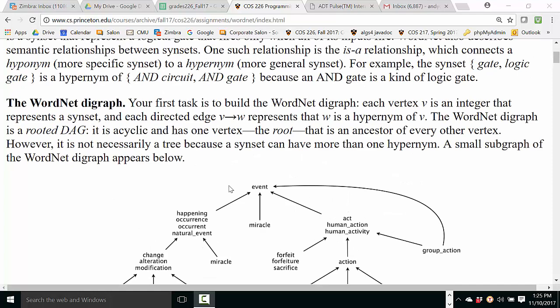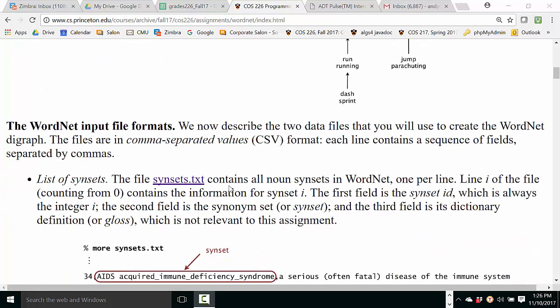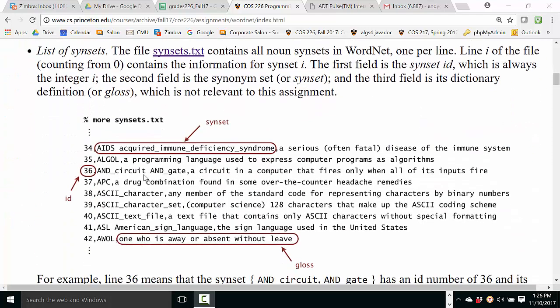So there are a few things that are really important to you. For example, your synset file is given as a number of IDs separated by a comma and a bunch of nouns, that's called a synset, and the meaning, which you can ignore.